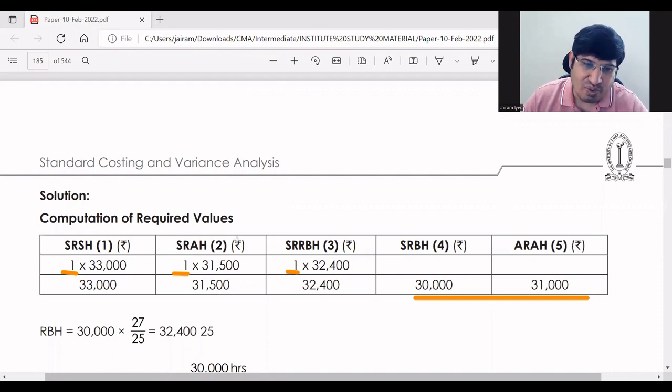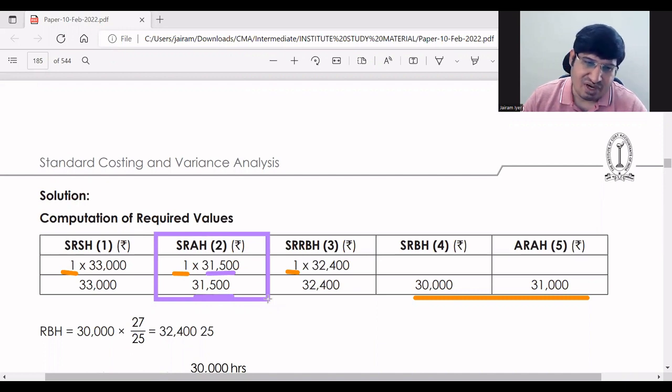Now we do not have hours here; we have hours only for actual. So for the second one, I can fill it up. 31,500 is given. So 1 into 31,500 gives me 31,500.